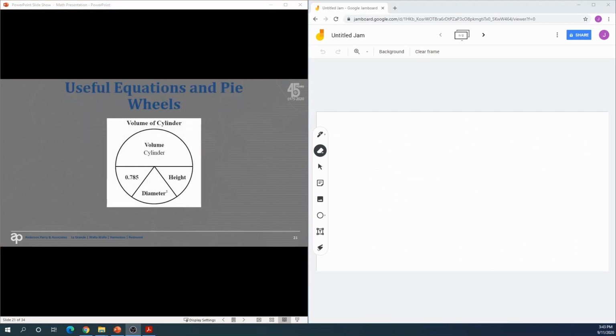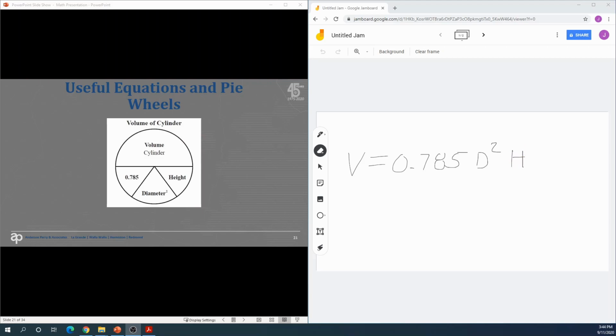Okay, let's move into our next useful equation and pi wheel. And this is going to be the volume of a cylinder. So again, the way the pi wheel works, we have the volume, which is the top half of the pi wheel, equals the components on the bottom half of the pi wheel, which is 0.785 times our diameter squared times our height.